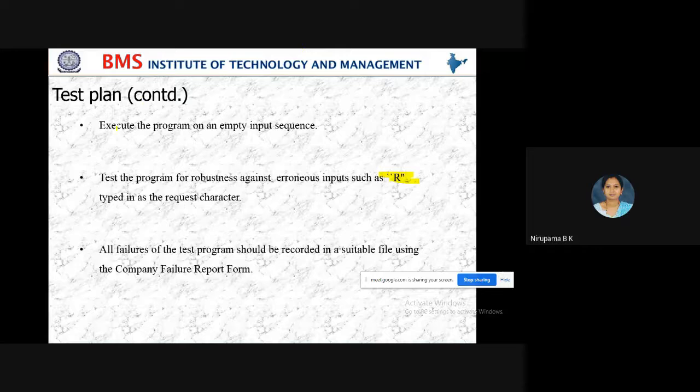And your program should not take empty input also. When we are saying numbers in ascending and descending order, then it should have some numbers. The program will not execute for empty input. Correct, students? It should have some numbers. Only then we'll get the output.